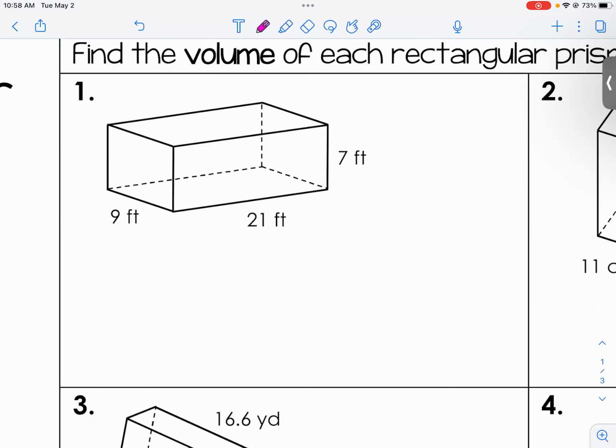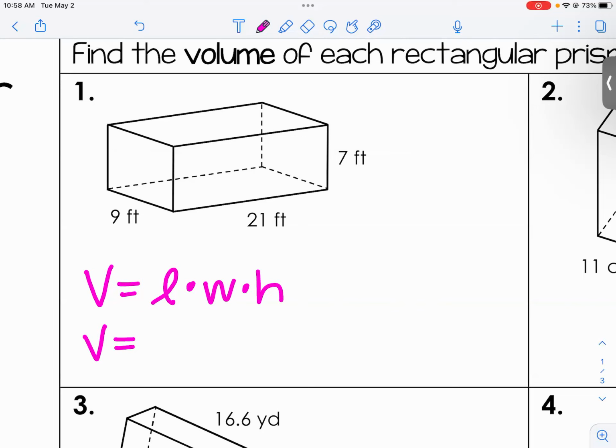We know that the volume is length times width times height. Corin, which one's the length? A 9. Which one's the length? L is the length. W is the width.